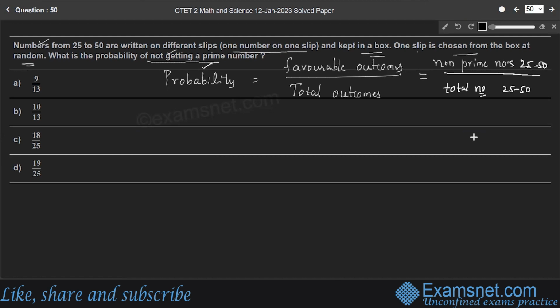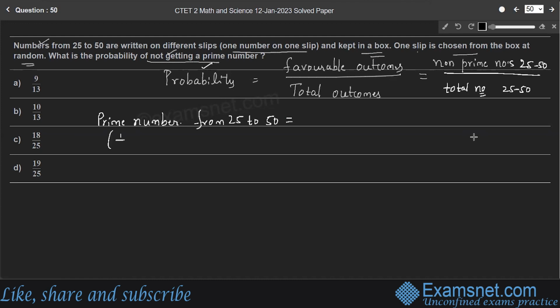How many numbers are non-prime? For that, let us consider prime numbers first, since prime numbers are fewer, so we can easily find the non-prime numbers. So how many prime numbers are there from 25 to 50? Prime numbers are the numbers which are divisible only by 1 and the number itself.